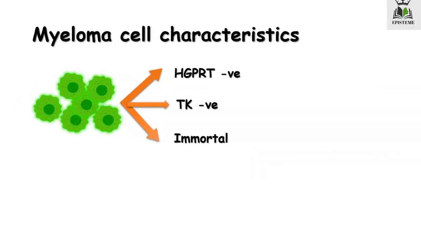Now in Hybridoma technology, another cell is involved, that is the myeloma cells. These myeloma cells are HGPRT negative, TK negative. That means they don't produce these two enzymes. On the other hand, they are immortal in nature.